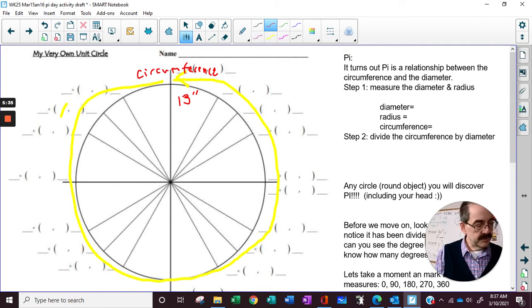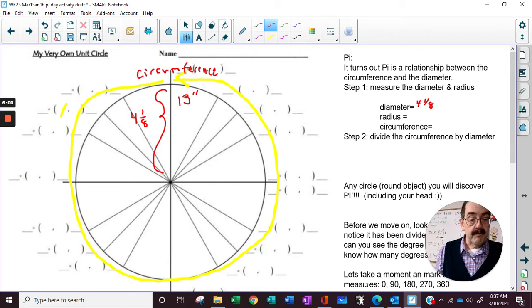Now, take your tools and measure across, okay? Now, hopefully, you'll either have a ruler or the protractor, and the distance across our goal was 4 1/8. Okay? All right. So the diameter, 4 1/8.